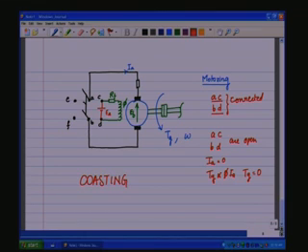In the coasting mode, we are not doing anything, there is no extra circuitry, we are just opening the armature such that IA is 0, the generated torque is 0 and it will gradually come to 0. What will come to 0?